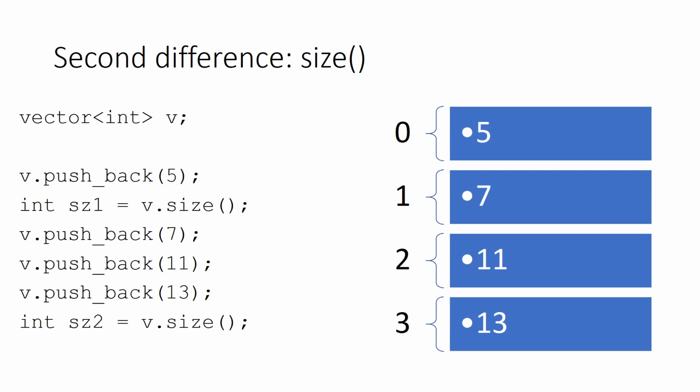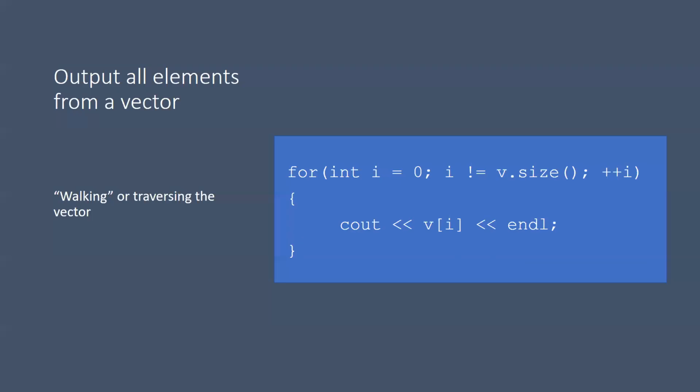So if I ran v.size() and put that inside of an integer variable, size2 is actually 4, okay? Because that's the size of the vector. So if you want to find out how many things are inside of a vector, you just have to put .size() at the end, a member function that will tell you the number of items in the vector at any point in time, right?